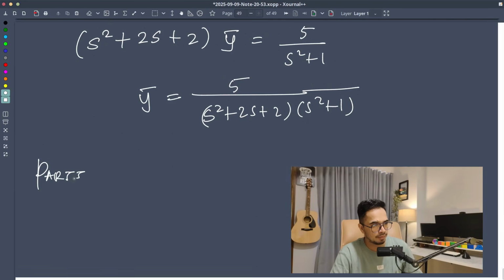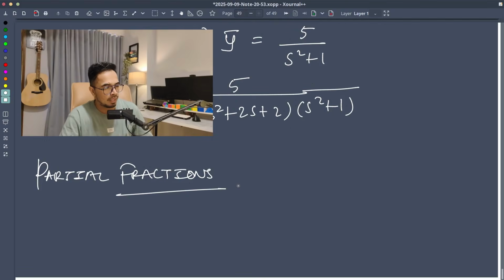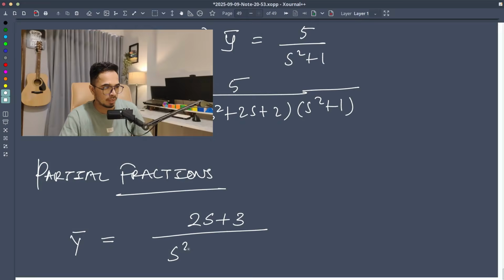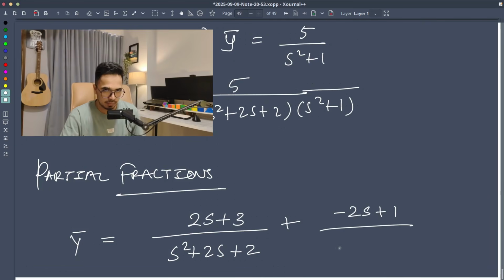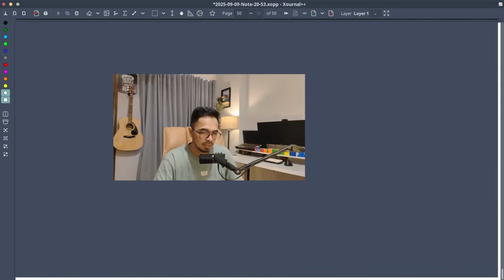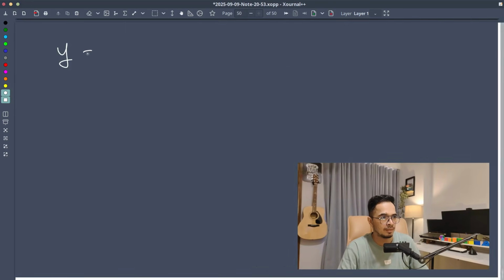So let us do it. y bar is equal to 2s plus 3 divided by s square plus 2s plus 2 minus 2s plus 1 divided by s square plus 1. Again, it may not come to you directly. Take your time, have a look. It will come to you once you practice a couple of problems.